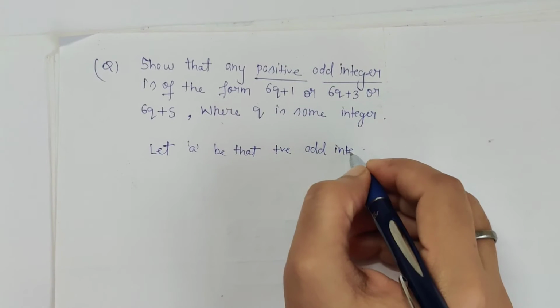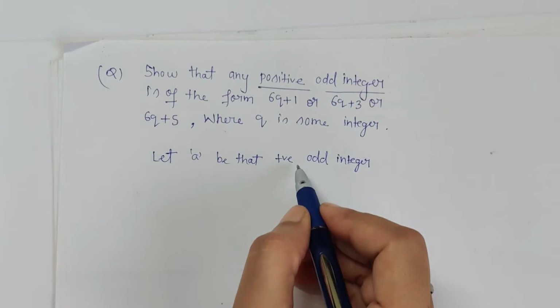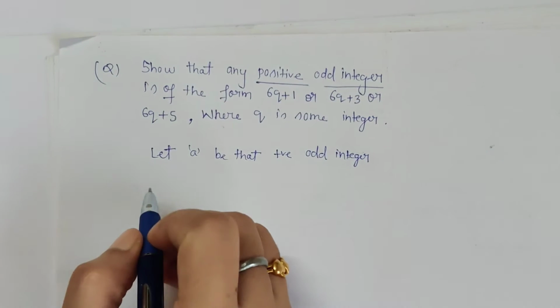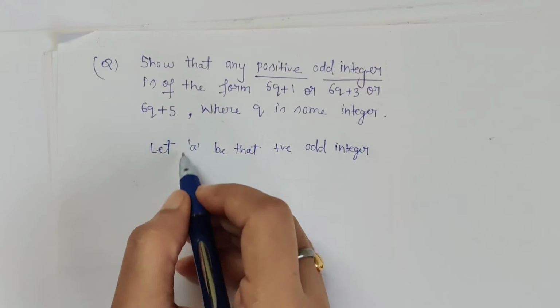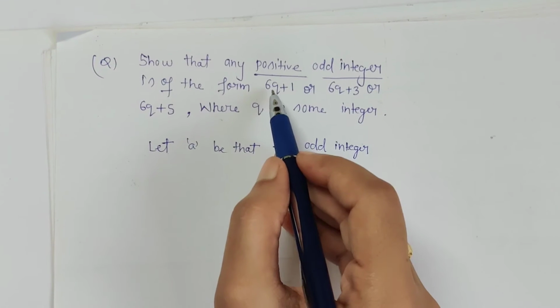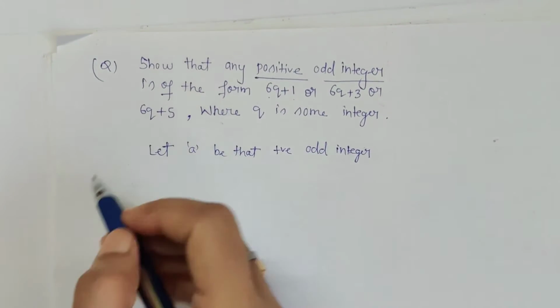Okay, we have considered a to be that positive odd integer. Now we have to show that a can be written in this form: 6q plus 1, 6q plus 3 or 6q plus 5.